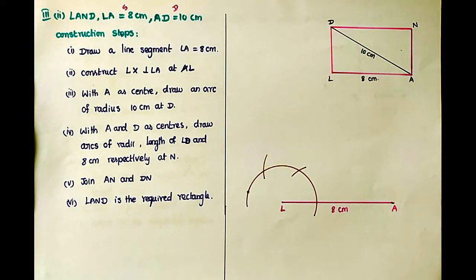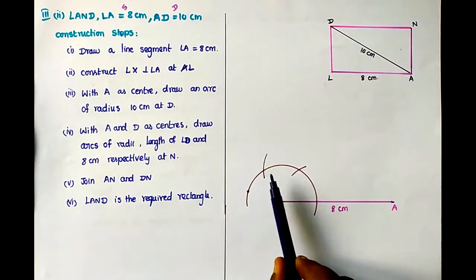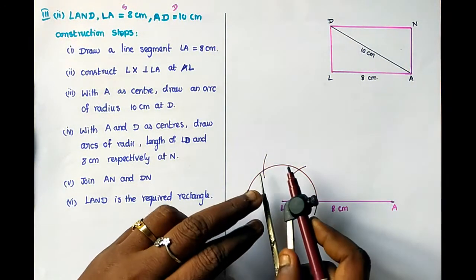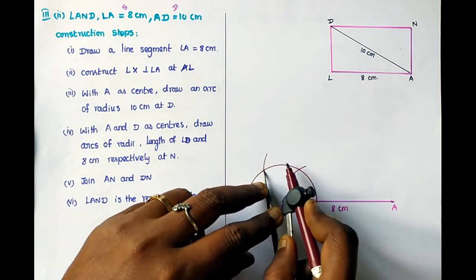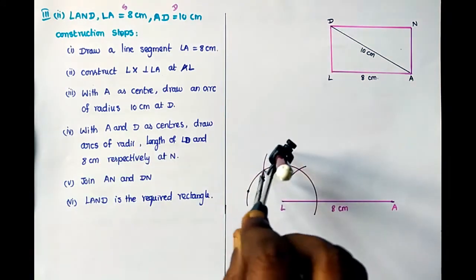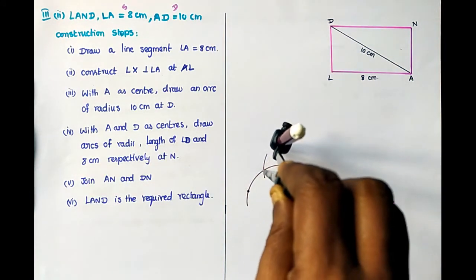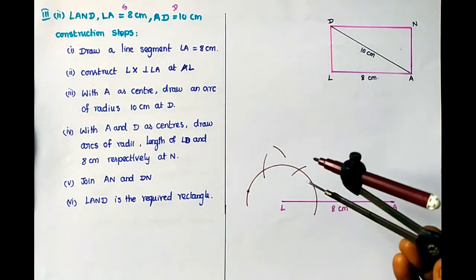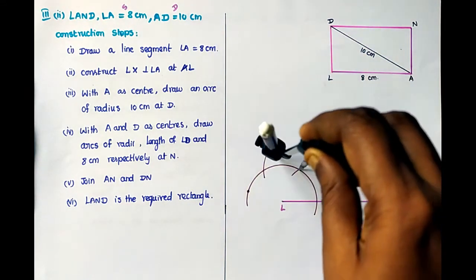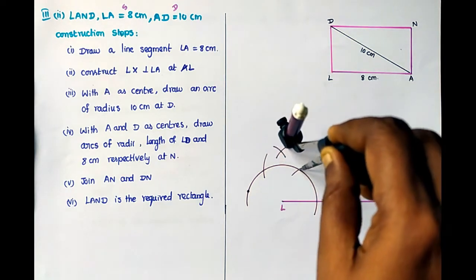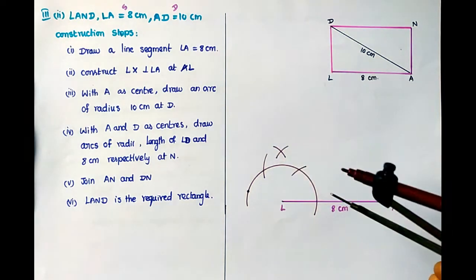Now, between these two arcs, we have to take half of the above measurement and draw an arc, and with another arc as center, draw another arc to cut the previous arc.